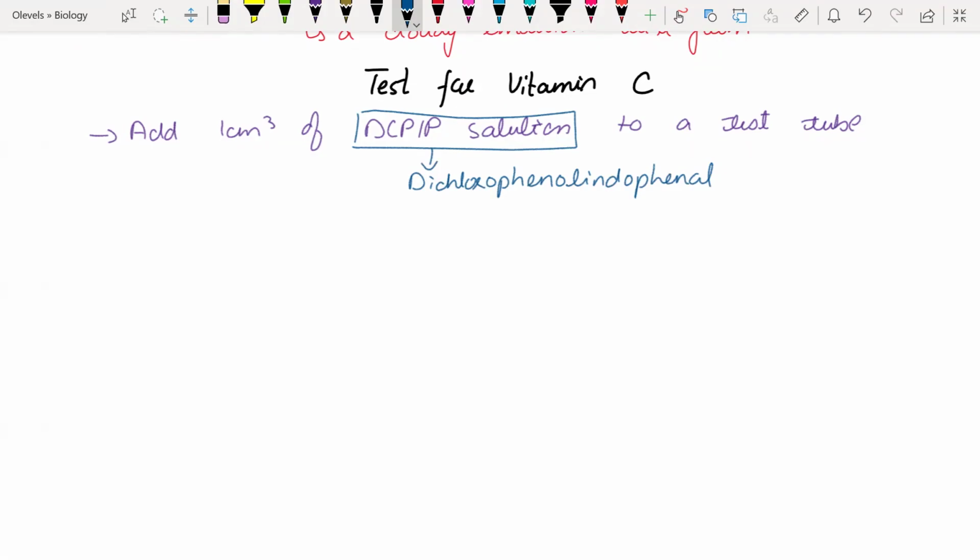So you have to add 1 centimeter cube of DCPIP solution to the test tube. Then you have to add some food sample solution.